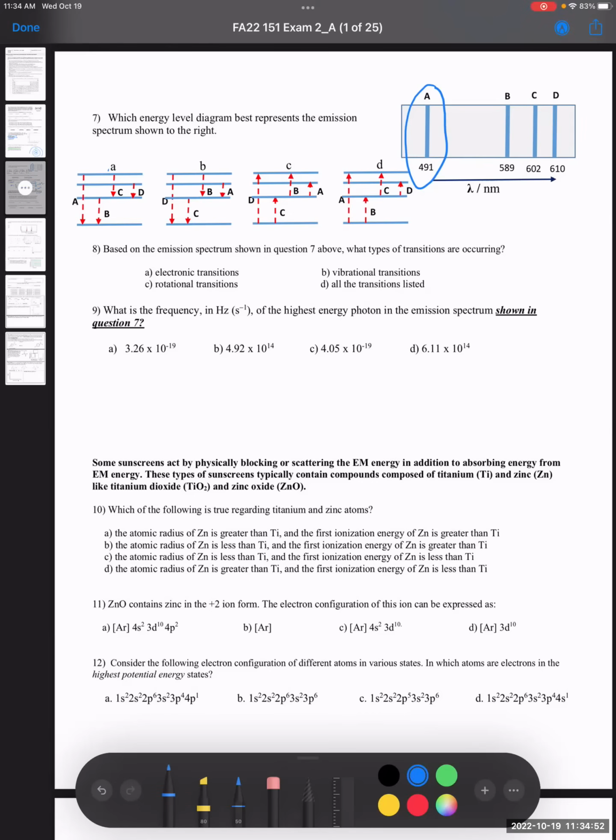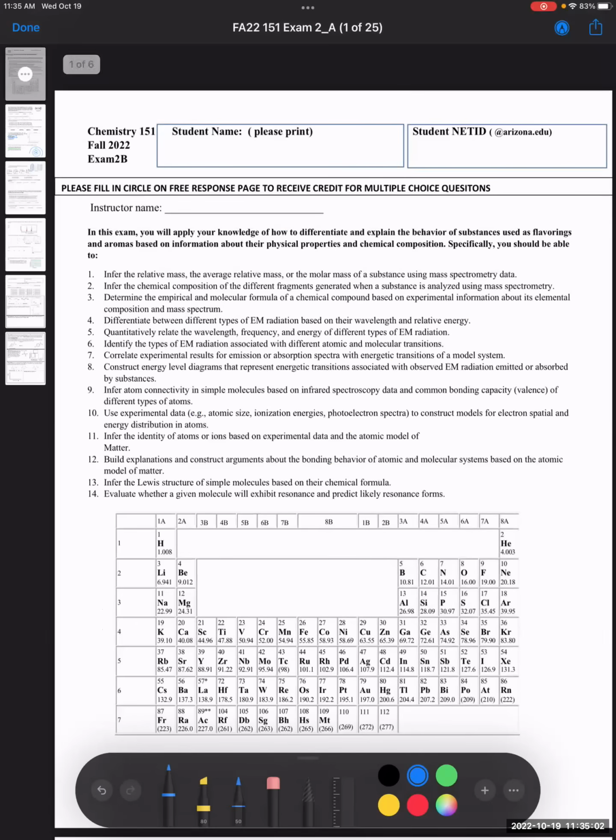In question 10, which of the following is true regarding titanium and zinc atoms? Now, if we go back to the first page, titanium is over here, zinc is over here. We know that when you go across a period, the size of the atom decreases.